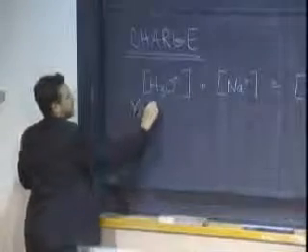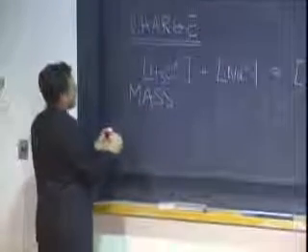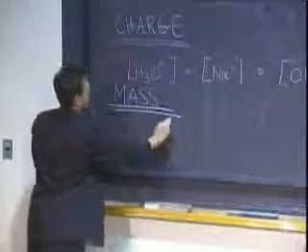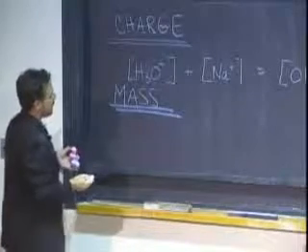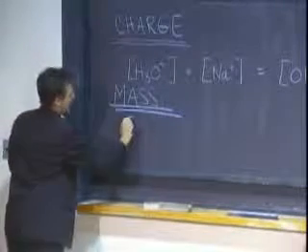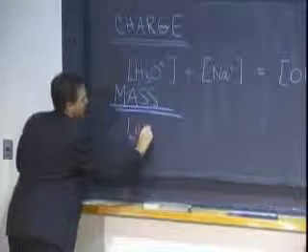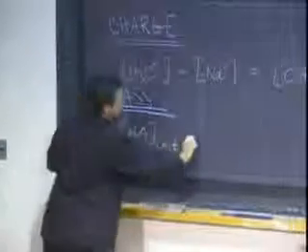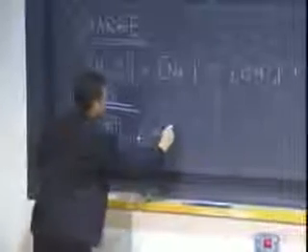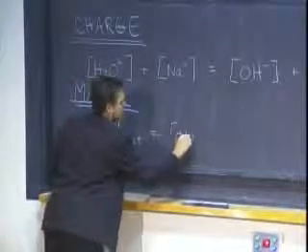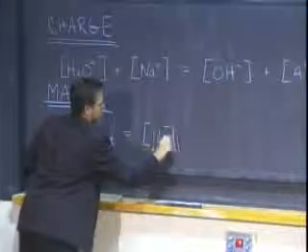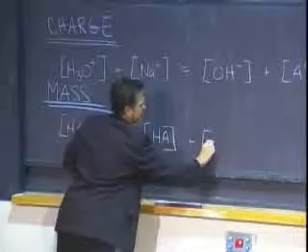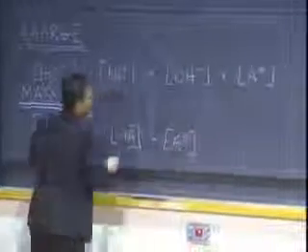And then, in addition to that, we have a mass balance consideration. In this mass balance consideration, we'll be able to write that our HA initial value, square brackets once again denoting concentration, will be at any point in time equal to the actual value of HA plus the concentration of A minus.